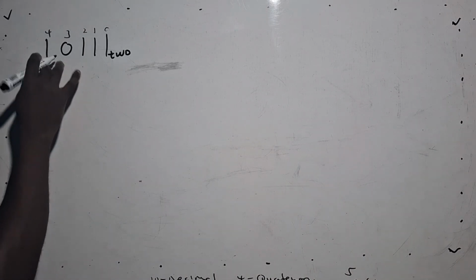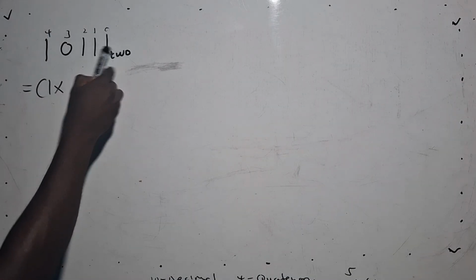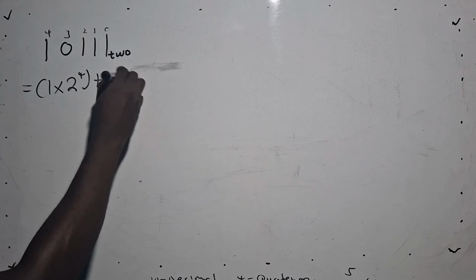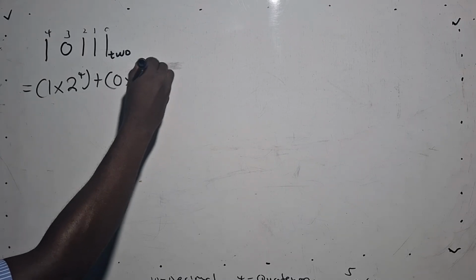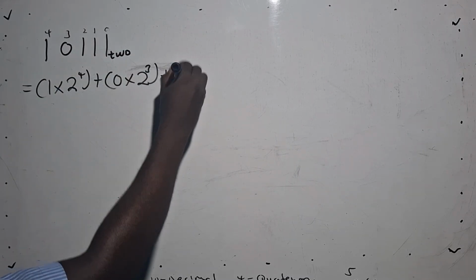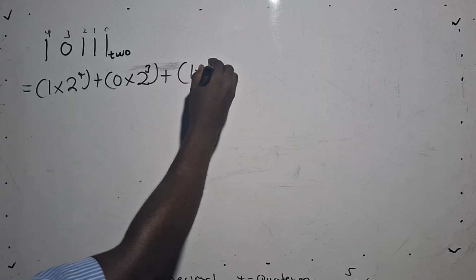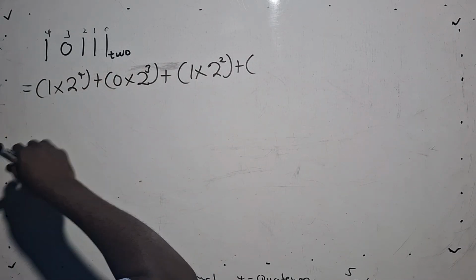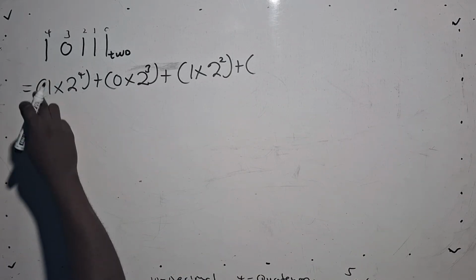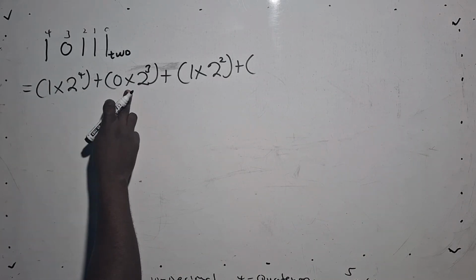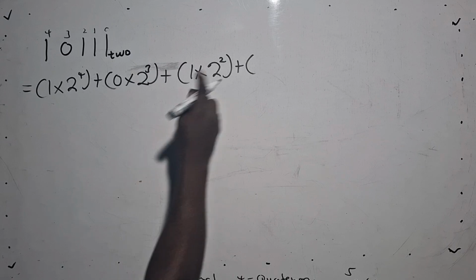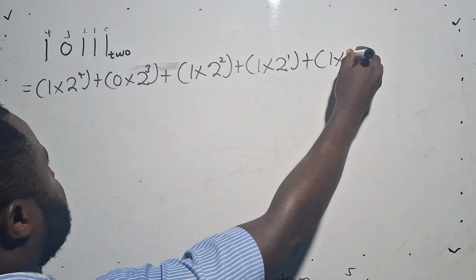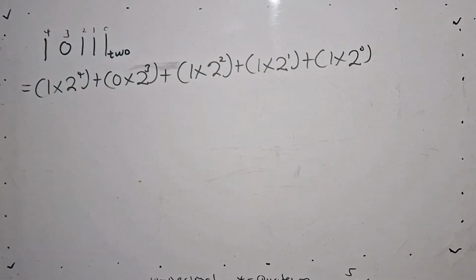So the first one, you take this one, 1 times, we are working with base 2, raised to the power 4, plus 0 times 2 raised to the power 3, plus 1 times 2 raised to the power 2, 1 times 2 raised to the power 1, plus 1 times 2 raised to the power 0.